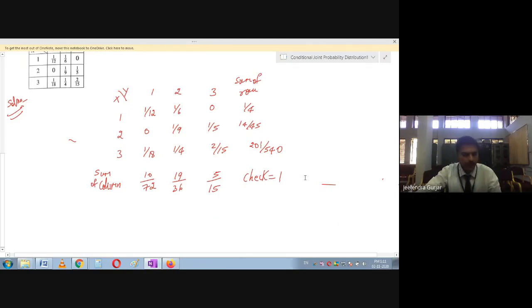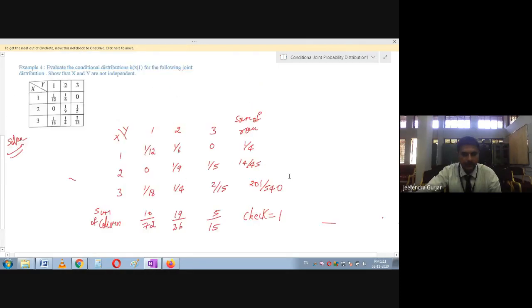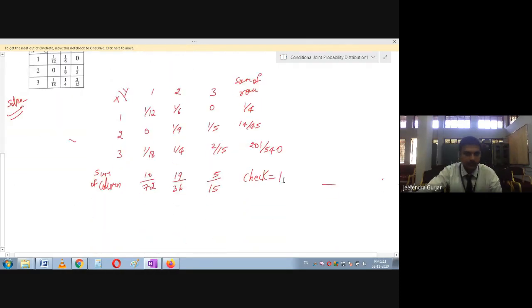Now after calculating this value, now we'll find what these values are. First we'll write down the conditional distribution formula students. So very simple.